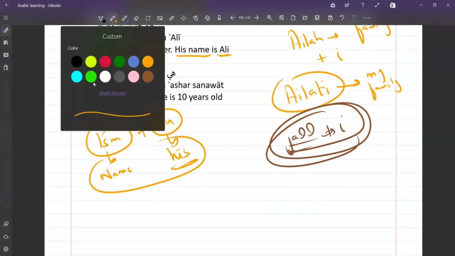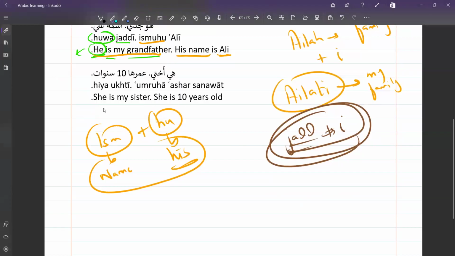Now moving on to the last sentence. So here, hiya refers to she. Ukhti means my sister, and umruha, umr means age. And if I add the word ha in front of it, it means her age.